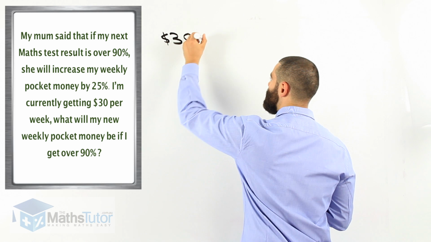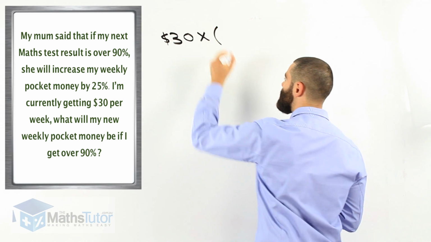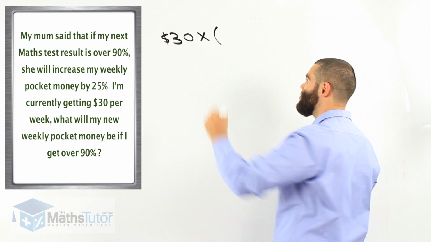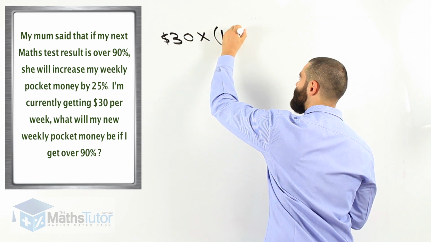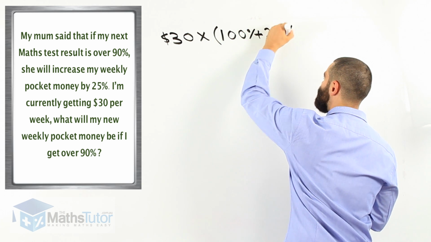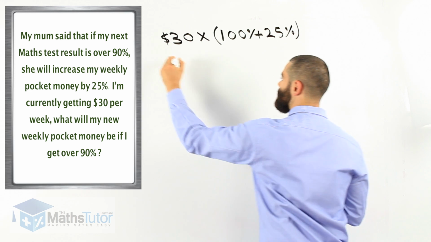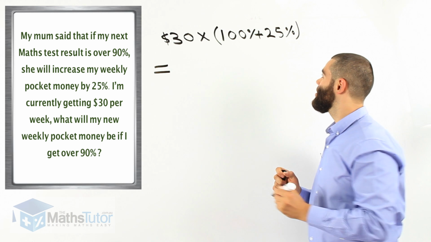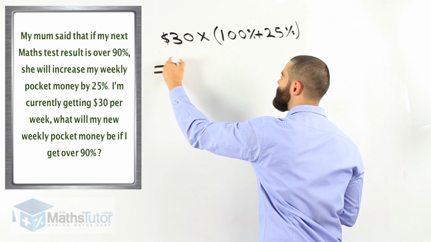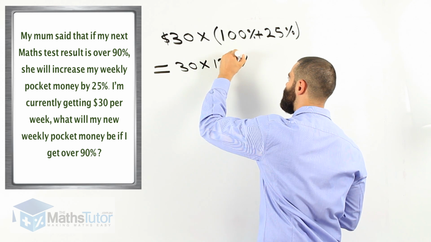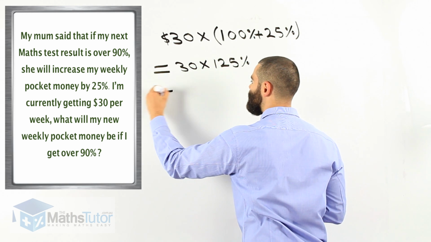$30 is going to be increased by 25%. And we said to increase, we add 100% plus our increase, which is 25%. 30 times, and this becomes 125%.